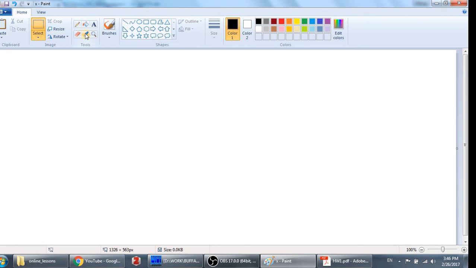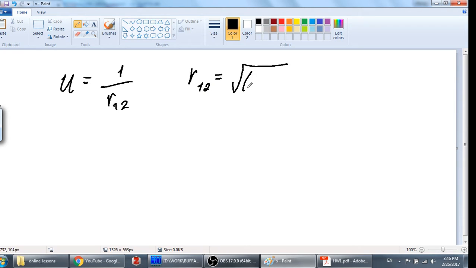So let me just start another one. Our function is 1 over r12, where r12 is the square root of (x1 minus x2) squared plus and so on, the other terms.